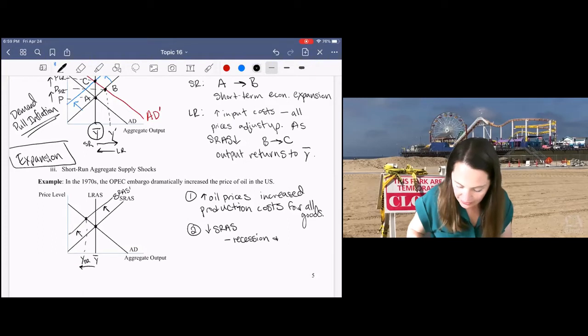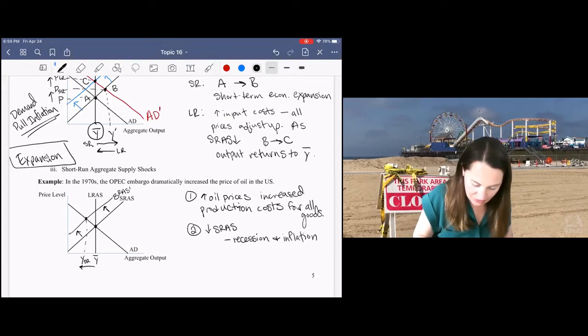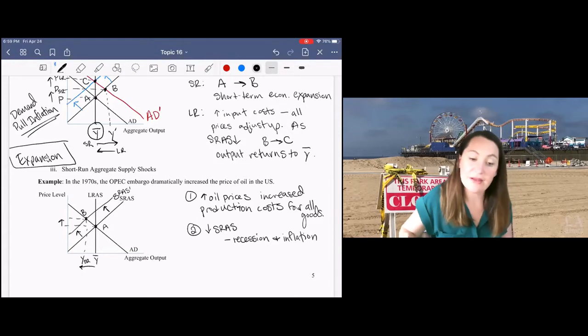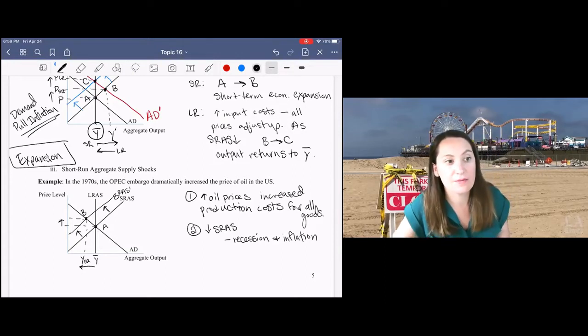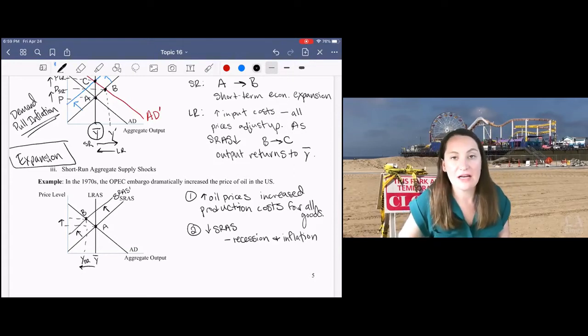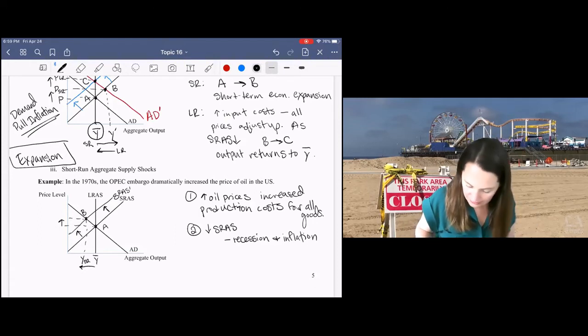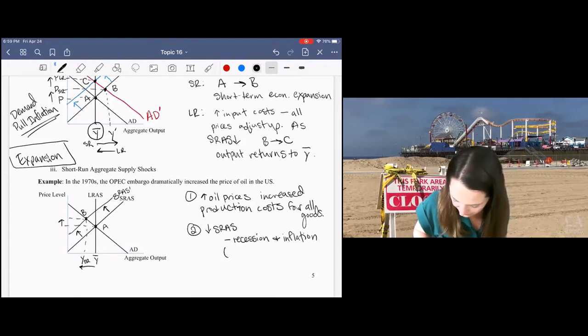Decrease in output, but also coupled with inflation, right? Increasing prices. And this is different than what we saw in our aggregate demand shock example, because in the aggregate demand shock example, recession would have been accompanied by deflation or lower levels of inflation. So in the short run, we move from A to B.